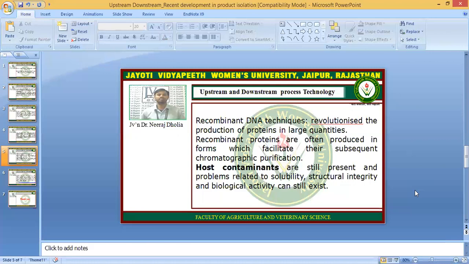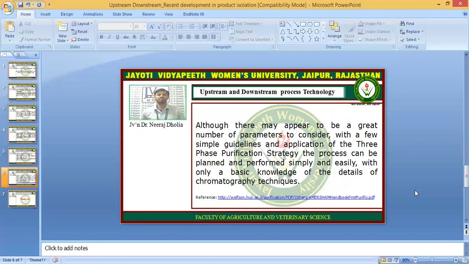Okay, after using recombinant DNA techniques, some problems still exist, like host contaminants, meaning where the product is produced, the contaminants can originate from there also. The host cell components are one of the most common contaminants.